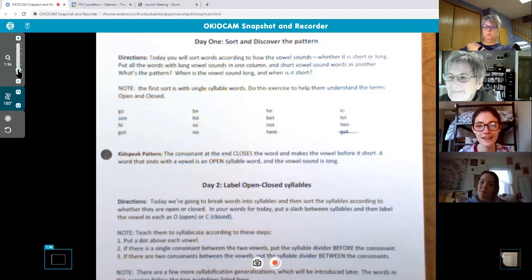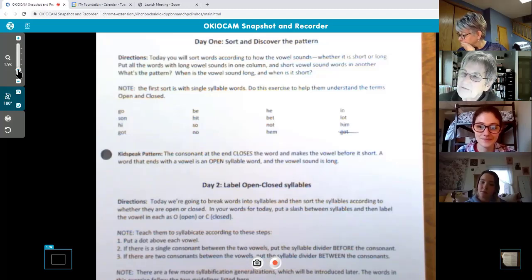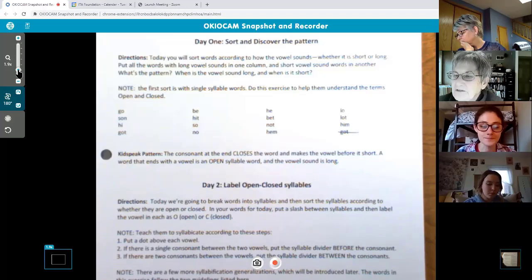In how they sound or how they're spelled? How the vowel sounds. Good question. I should have told you that. One's a short vowel and one's a long vowel. And what makes it short? What makes it long? The short vowel sounds have a consonant after them. That's right. That's the closed syllable.